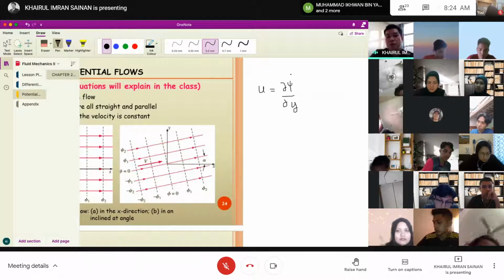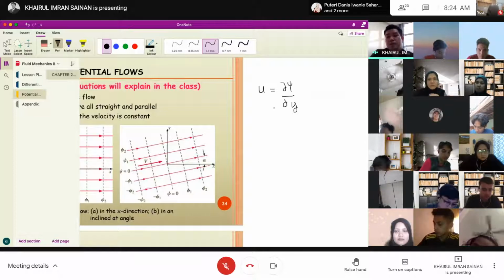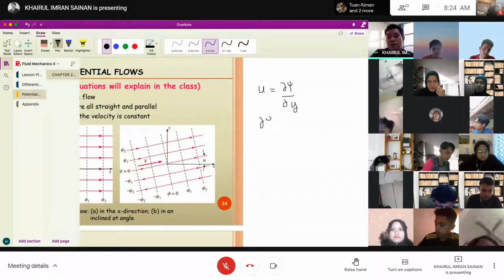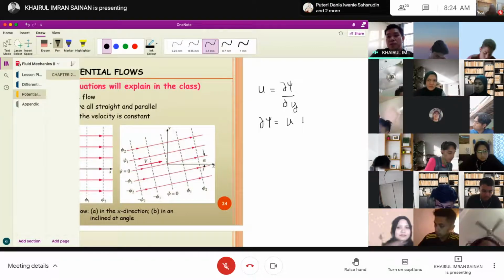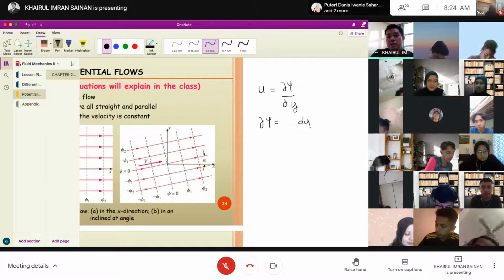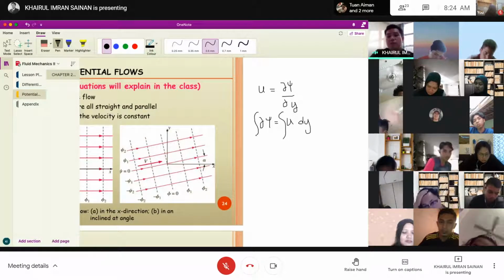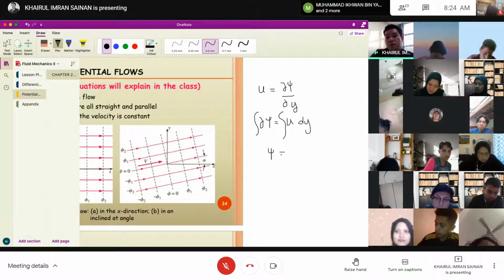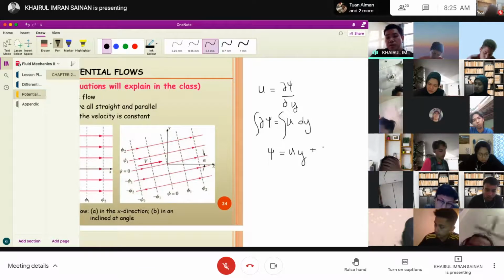So our objective is to find psi. What we're going to do is integrate both sides. So you're going to have psi equals the integral of u dy. You integrate both sides, so you're going to have psi equals u y plus c.